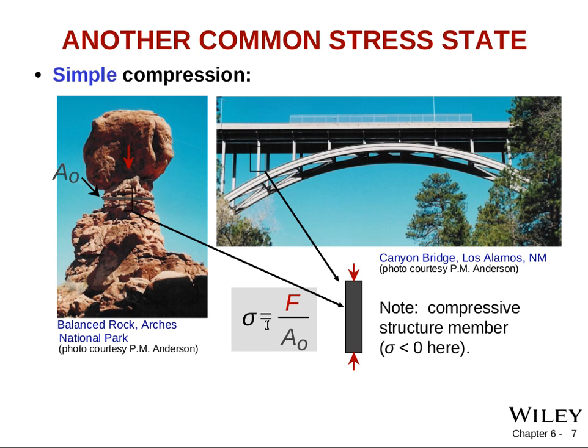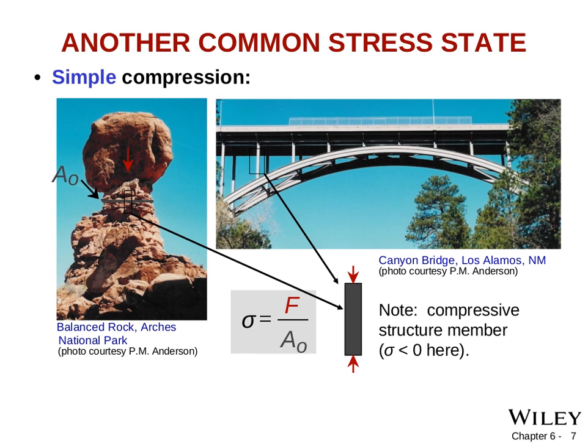And so it has the same form as tensional stress, but because positive force is defined as being tension, because we're in compression, this force will be negative, so then this stress will have a negative sign as well. So both the columns and the arch in this bridge are in compression.